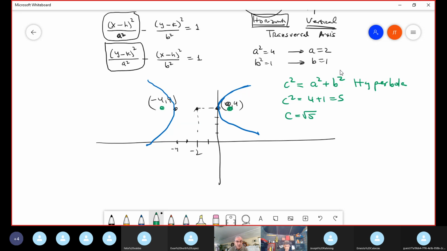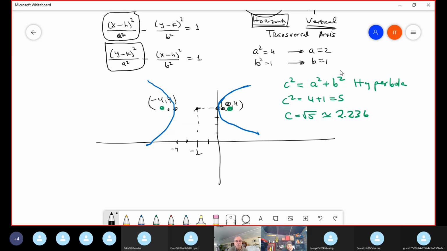Radical 5 is approximately 2.236 in the calculator. So it's not too far, it's close to this.